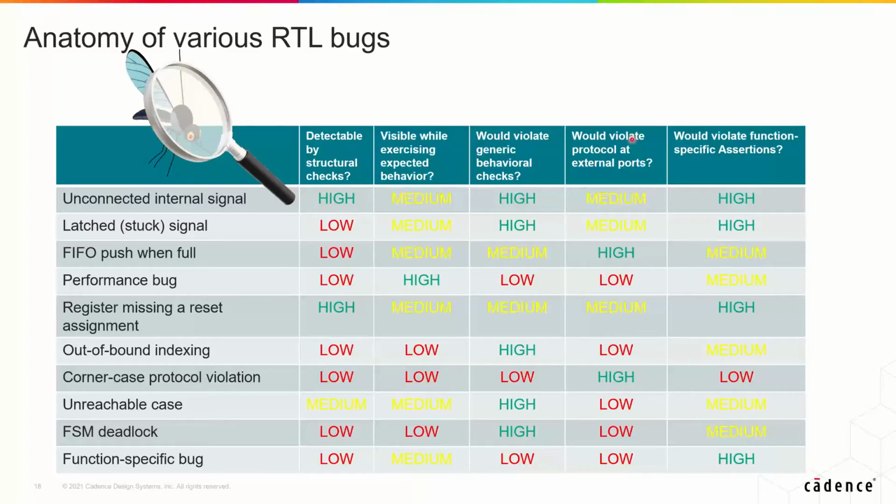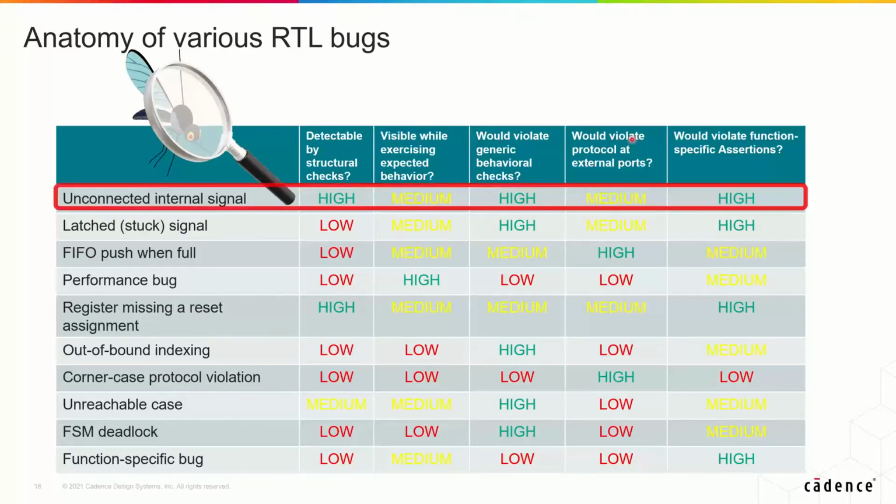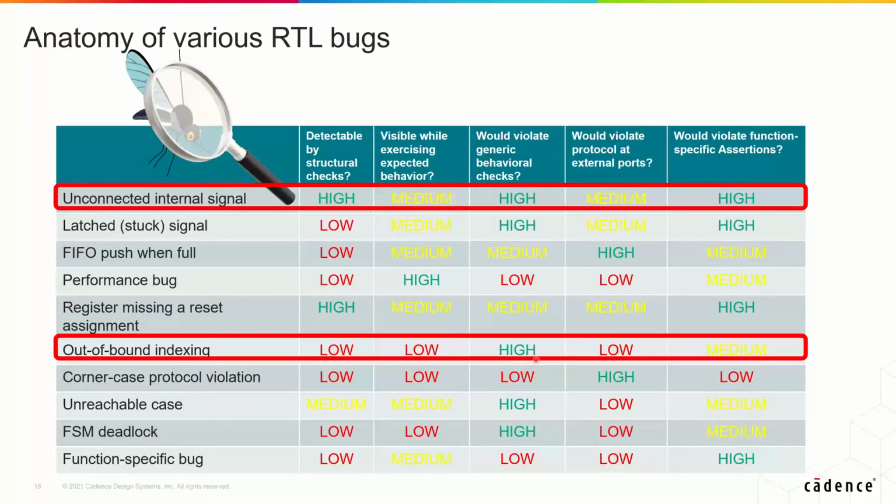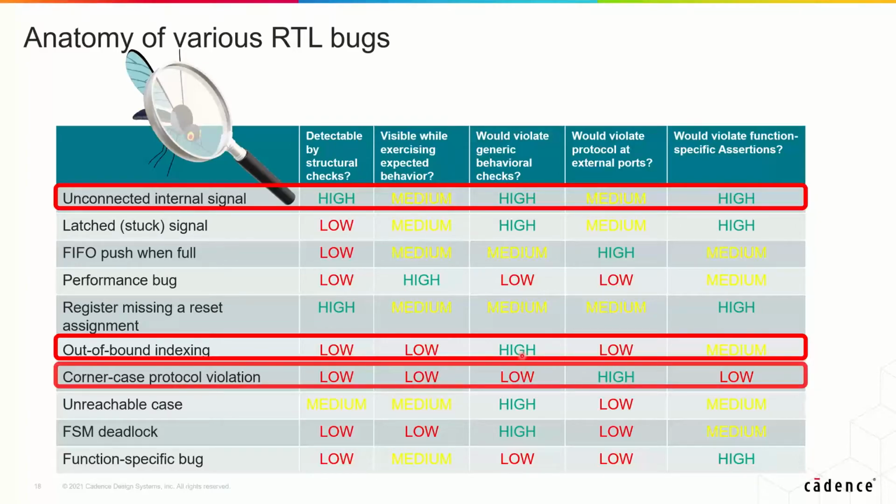In this example, unconnected internal signals are very easy to find by looking at structural checks, for example. Out-of-bounds indexing can easily be detected by generic behavioral checks. If you have indexing in your design, you can generate those checks automatically, for example, using the Throughput tab.